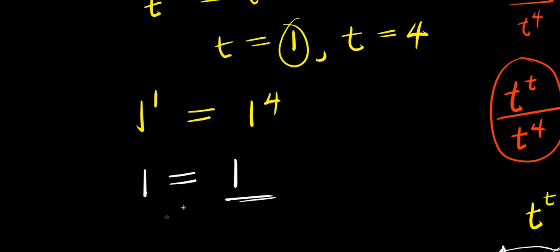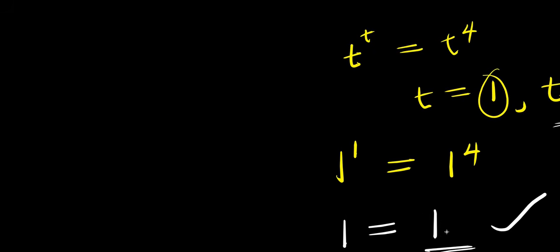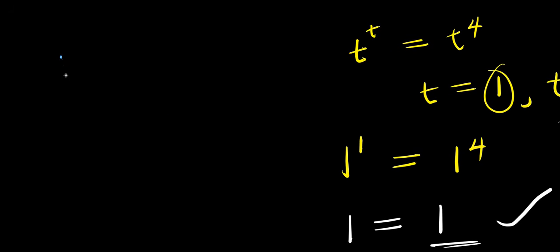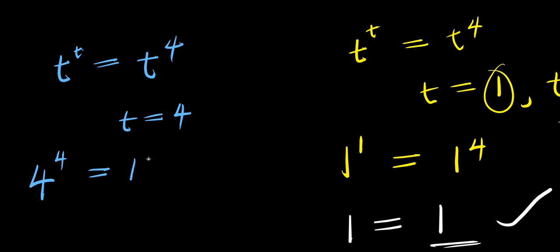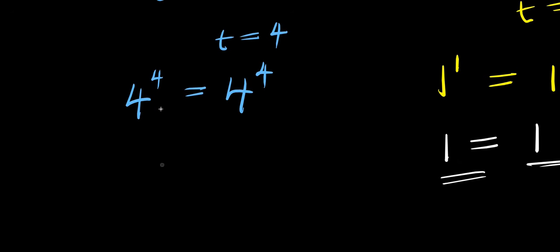So that is that. Let's consider when t equals 4. You still make use of the same equation, t power t equals t to the power of 4, and t this time equals 4. So we have 4 power 4 equals 4 power 4, right? We can further simplify this.